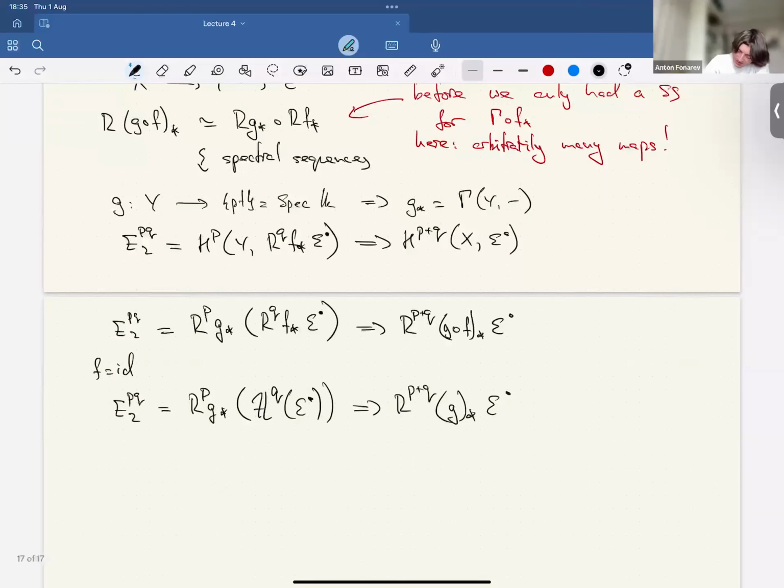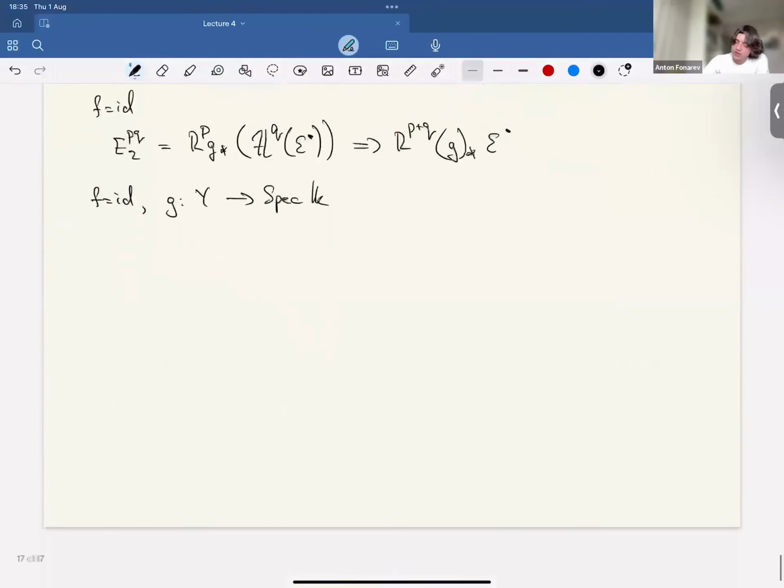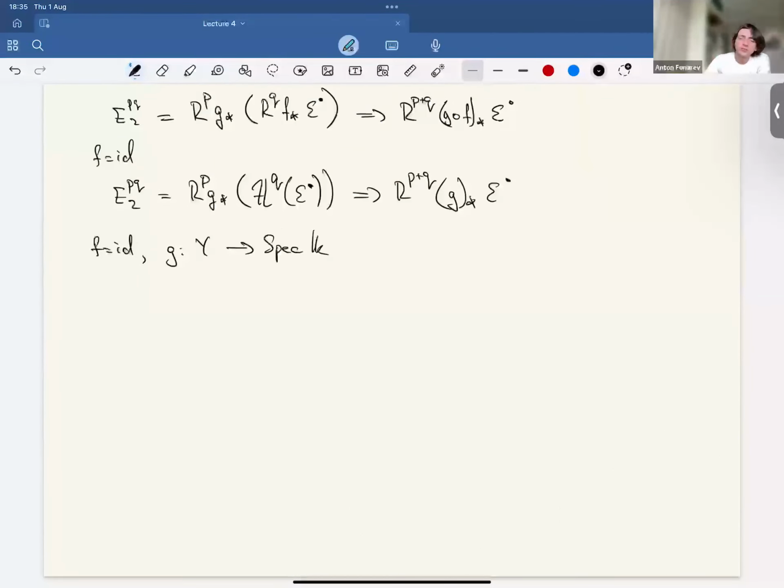And finally, if F equals the identity and G is a map from Y to spec of K, the point, you get an absolutely wonderful spectral sequence, which explains in a way how you find cohomology for complexes.